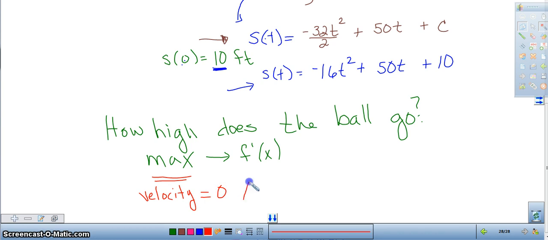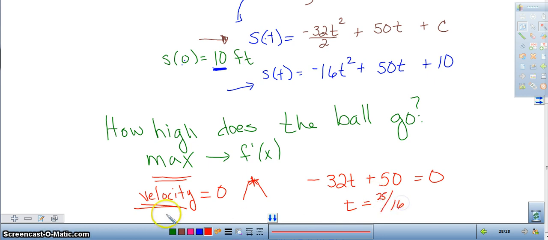Because it goes up, then it goes down, and right at this point, the velocity is 0. So I have to use my velocity function, which was negative 32t plus 50, and I want to know when that equals 0. So if I solve that, I get 25 over 16.